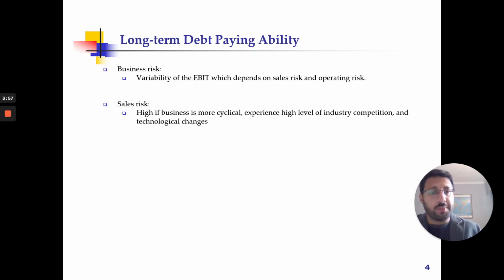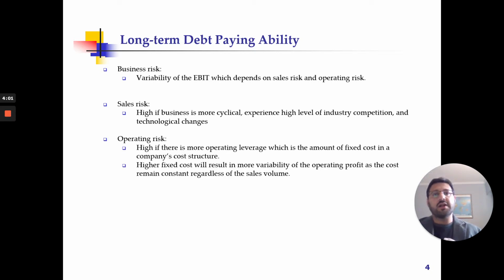The other one is the operating risk. Operating risk is attached to how much operating leverage the company has. And operating leverage suggests how much fixed cost is present in the company's cost structure. If the fixed cost is high, then with different levels or volumes of sales, that fixed cost will remain constant. And if the sales volume goes down, then the operating income or EBIT will be much less.